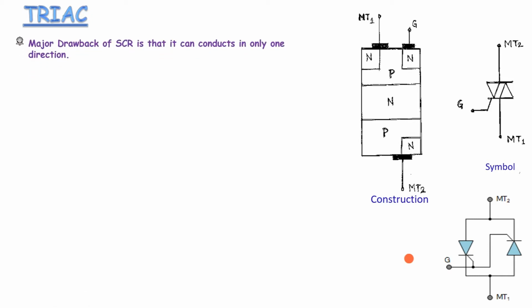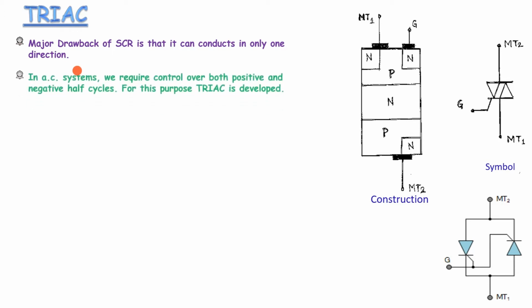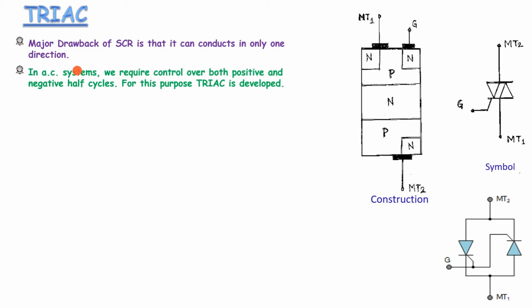So we have studied the SCR. The major drawback of the SCR is that it can conduct in only one direction. Therefore, it has application in rectifiers. But in an AC system, if your load is AC and the source is AC, we require control over both the positive and negative half cycles.